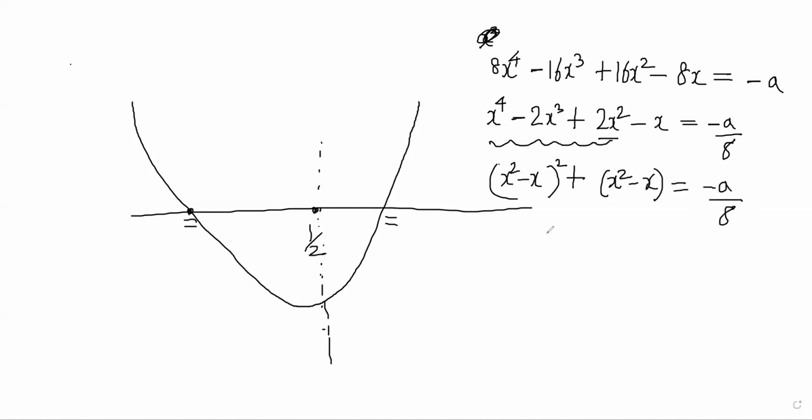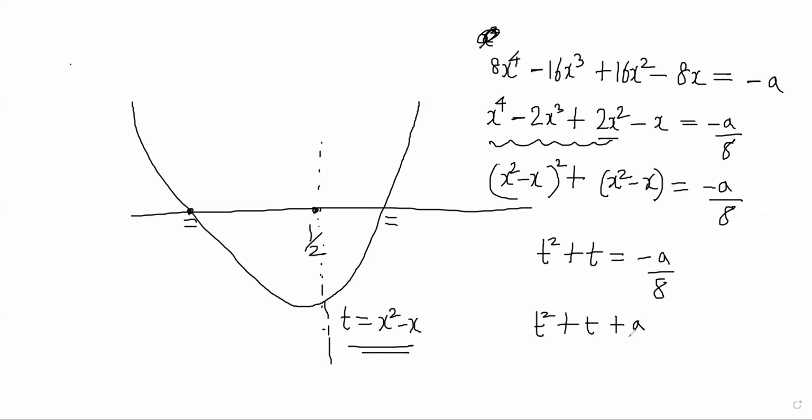Minus a by 8. Yeah. T square plus t plus a by 8 equals 0, where t is x square minus x.